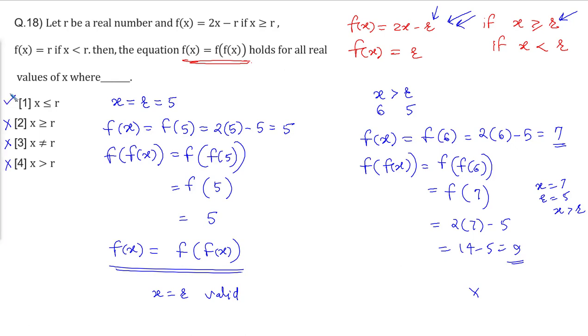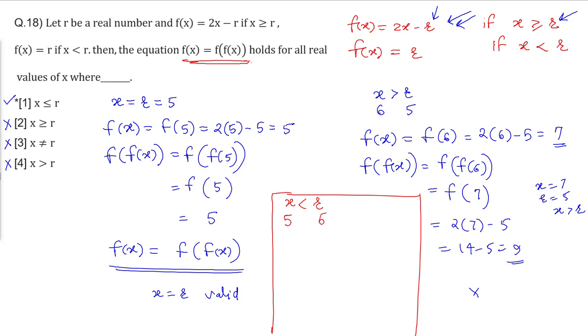If you want to check if x is less than r, then what happens? Let's have a look at it. If I take a condition x is less than r, let's take x is equal to 5 and r is equal to 4. So we will be using this condition. So, sorry, x is less than r we want, no? Hold on. Let's take r is equal to 6 over here.